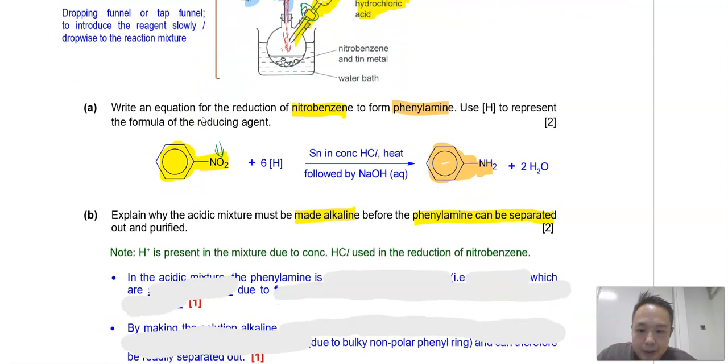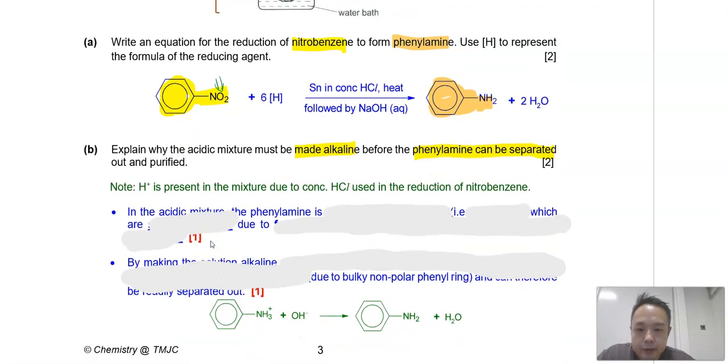Okay, so in the second part, they say, explain why the acidic mixture must be made alkaline before the phenylamine can be separated out and purified. So earlier on, remember we added concentrated HCl. As a result, the H plus is present in the mixture. So what happens to your phenylamine is that once it's formed, it will not remain as phenylamine, because we know from question 1 that phenylamine is basic.